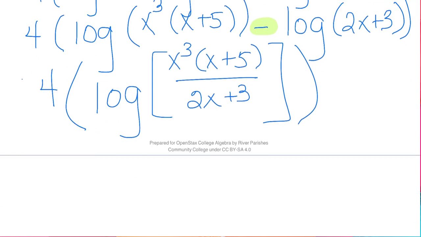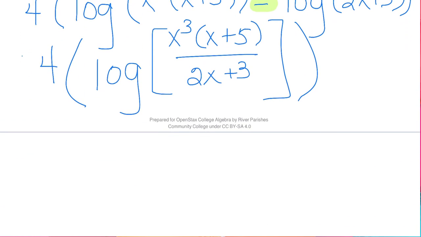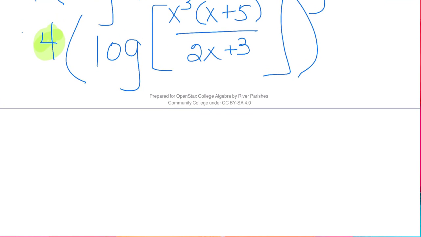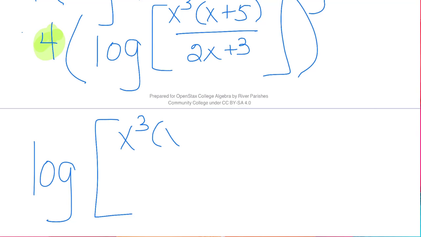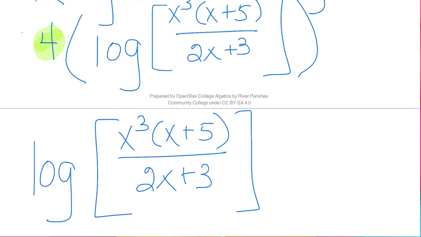Okay, so what do we do with that 4? So that's in front of that log. So now I have a log with a 4 in front, so I'm going to take this 4 and I'm going to make it an exponent. So it becomes log base 10 of x to the 3rd times x plus 5 over 2x plus 3 to the 4th power. All right, so you can leave that as your answer.